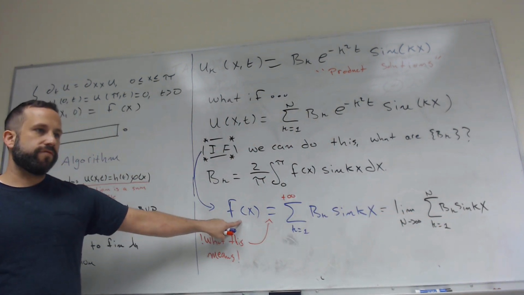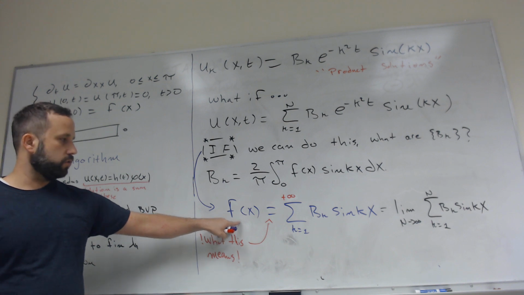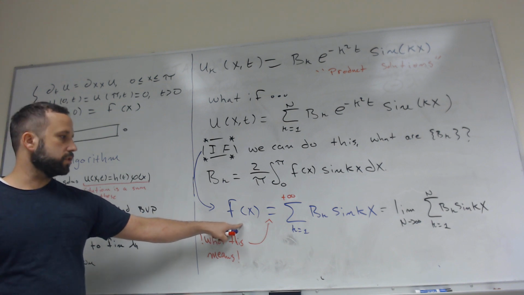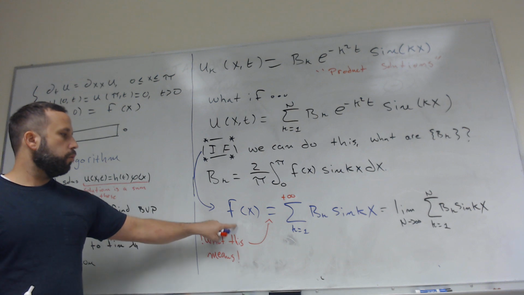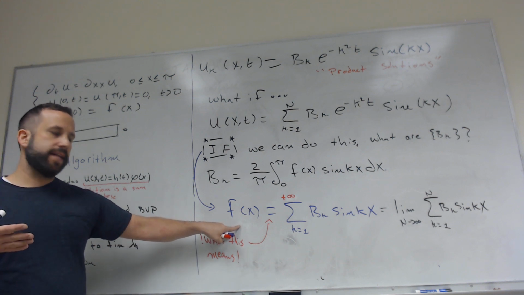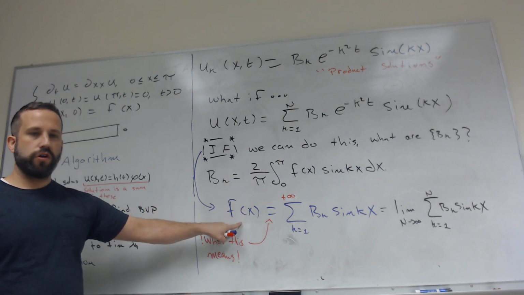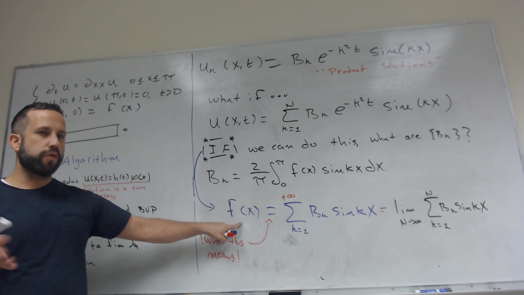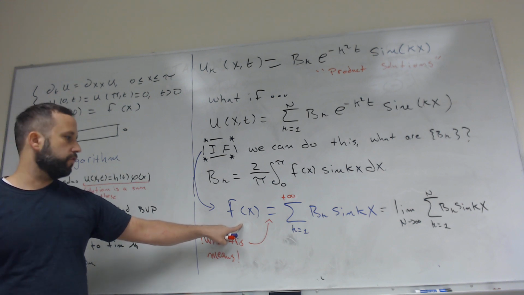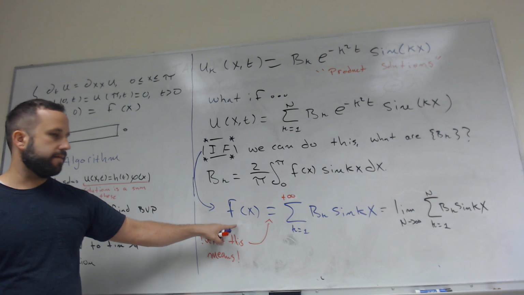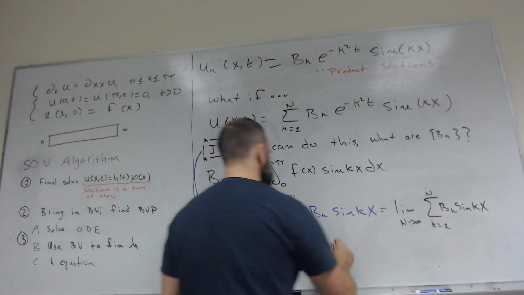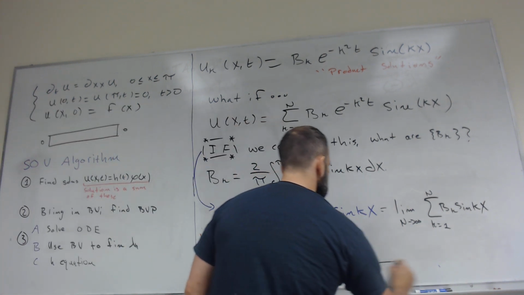But for a generic f, not all f's satisfy f of 0 equals 0 and f of pi equals 0. So what we will see is that for functions like that, this sequence won't converge to f everywhere. At best, it will only converge to f in the interior.